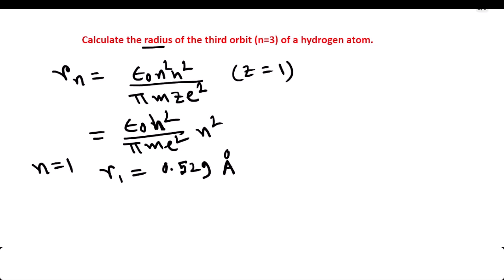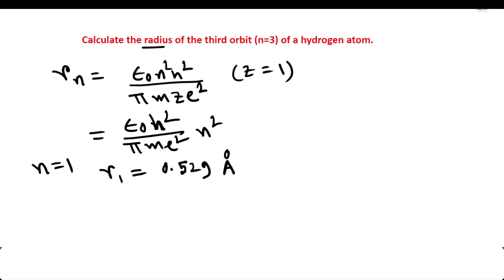Here epsilon 0 is 8.854 into 10 to the power minus 12, h is the Planck constant 6.626 into 10 to the power minus 34, pi is 22 by 7, m is the mass of the electron 9.1 into 10 to the power minus 31 kg, and e is the charge of the electron 1.6 into 10 to the power minus 19 coulomb.